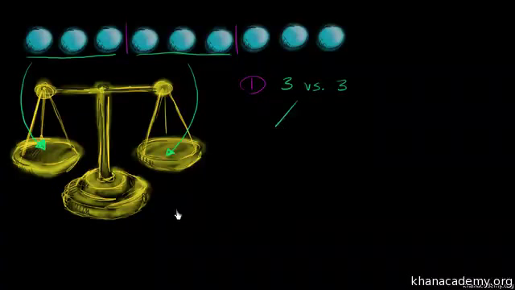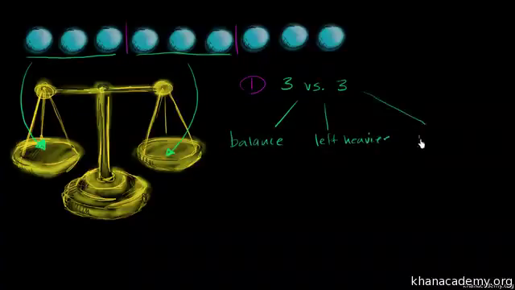Now, there's a couple of outcomes here. You're either going to have a balance, or the left is heavier, so let me write that, it's going to tip down, so the left is heavier, or the right is heavier. Now, what does each of these tell you? Well, if they balance, that tells you that the third group has the heavy ball.